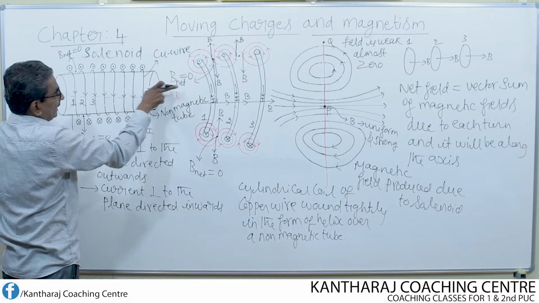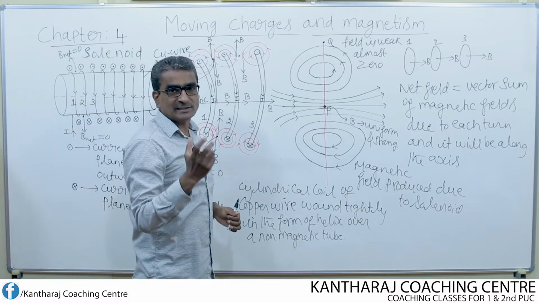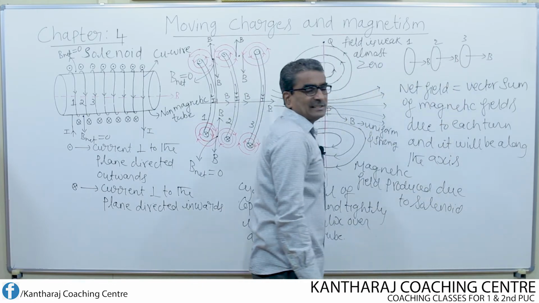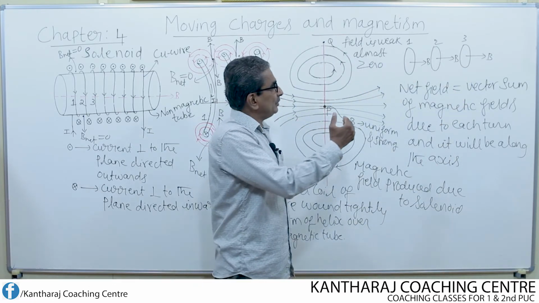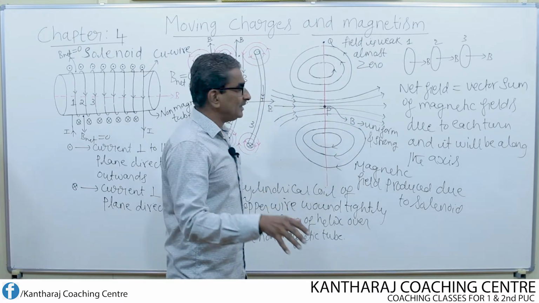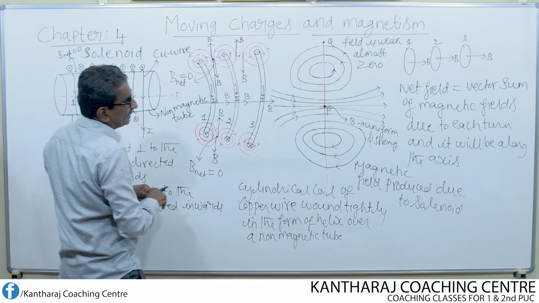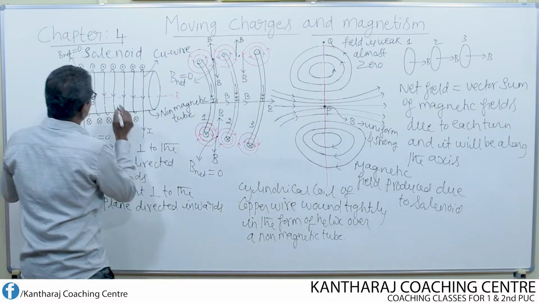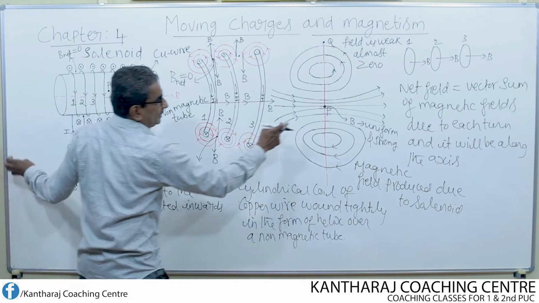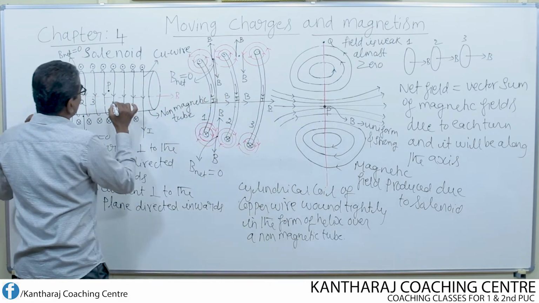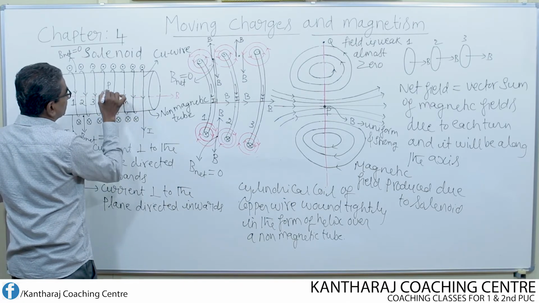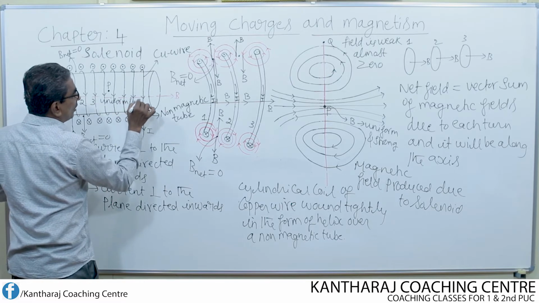Only along the axis the field exists, because the field due to each turn is directed in the same direction, and the field due to each turn adds up, and that vector sum itself is the total field that exists inside the solenoid. If I consider this as point P, then I can represent the same thing here. P is the point where the field appears to be like this, which is a uniform field at this point, as well as a strong field.